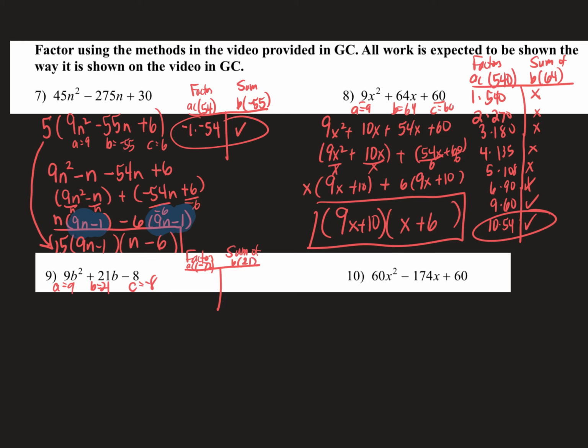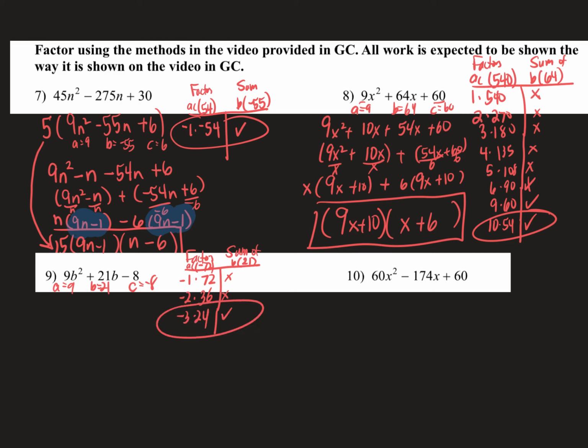I'm going to multiply a positive and a negative, and the larger one has to be positive because the sum has to be positive. So negative 2 times 36, neither one of these work. Negative 3 times 24, that's what works.